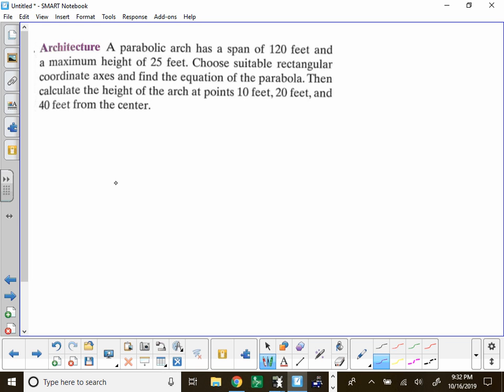So here we go. We need to come up with some kind of an XY axis situation. There's my XY axes. Here's my parabola. So this would be 0, and it's a span of 120 feet.